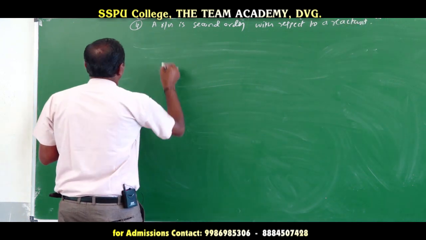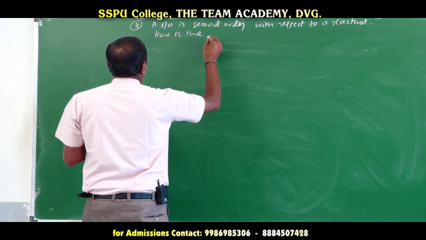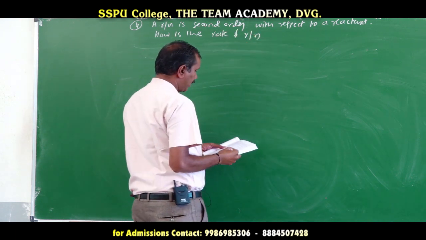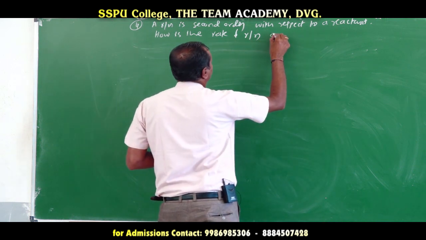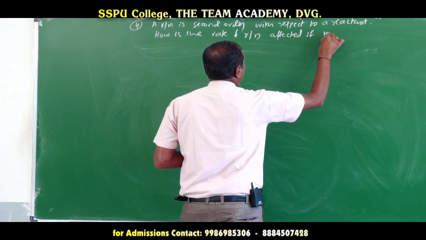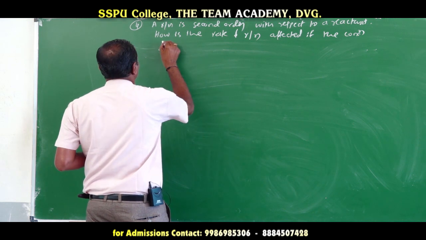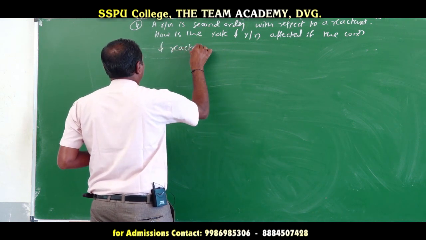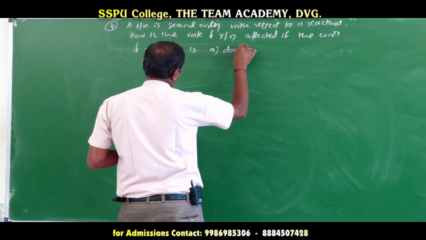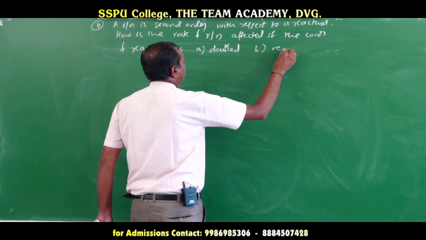How is the rate of reaction affected if the concentration of reactant is A, doubled, B, reduced to half?